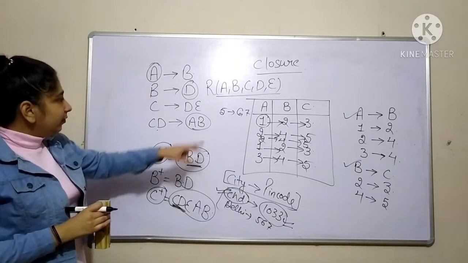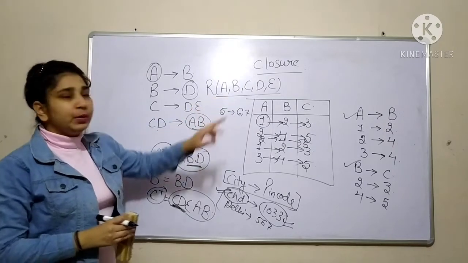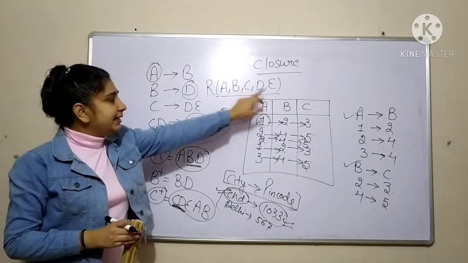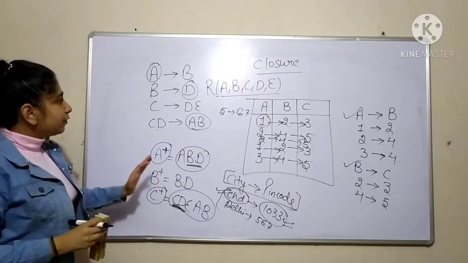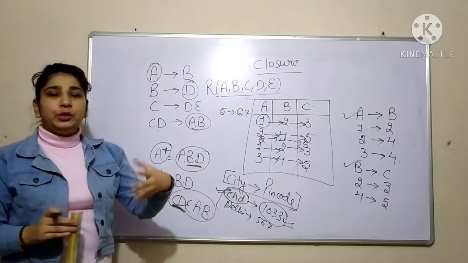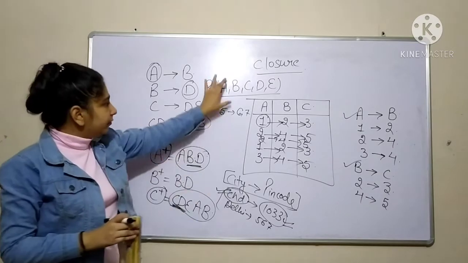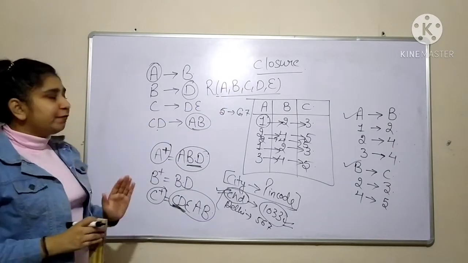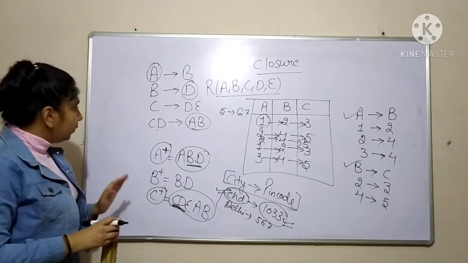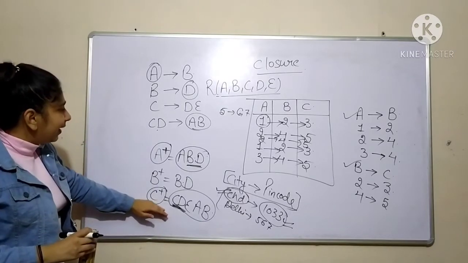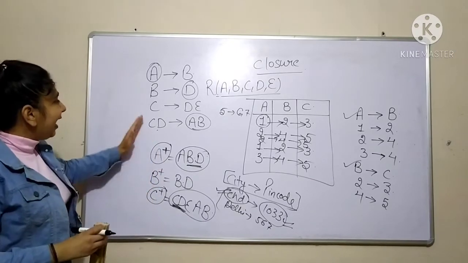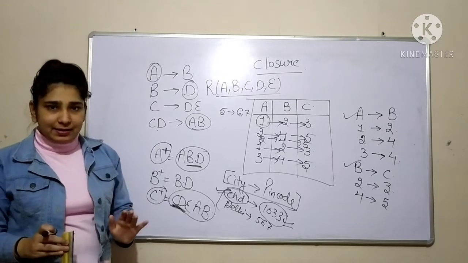We have a relation with 5 attributes: A, B, C, D and E. Firstly, we tried to determine the possible functional dependencies of this relation. So these were the functional dependencies. Then we tried to find the candidate key with the help of these functional dependencies.